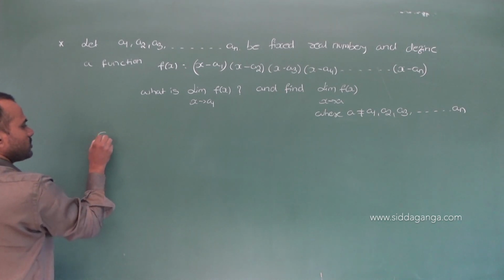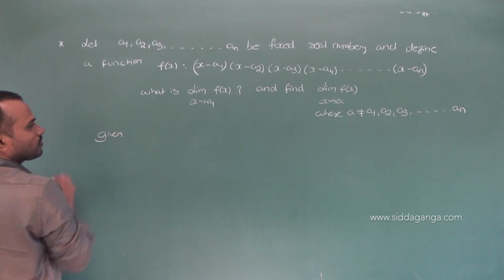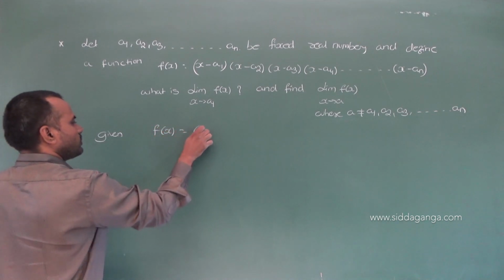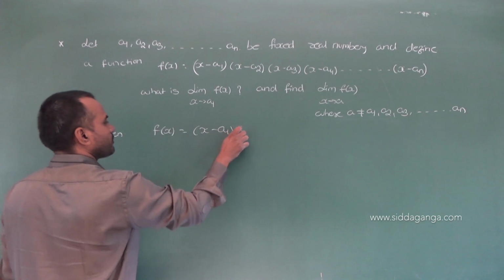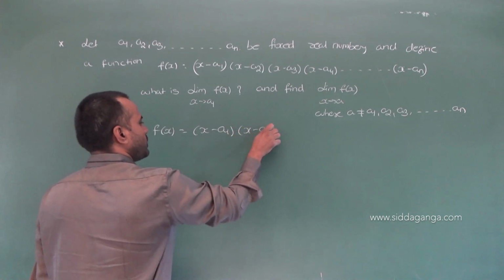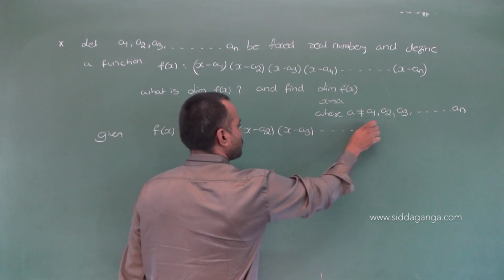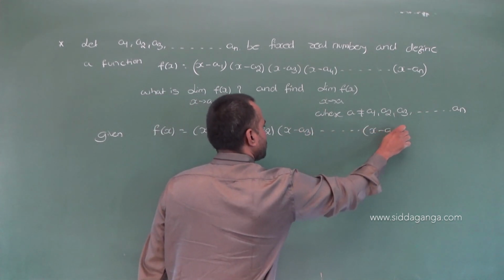So okay, give one very simple problem. f of x is equal to what? (x minus a1)(x minus a2)(x minus a3), so on up to (x minus an).